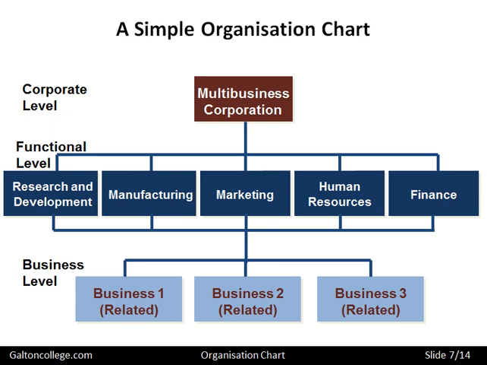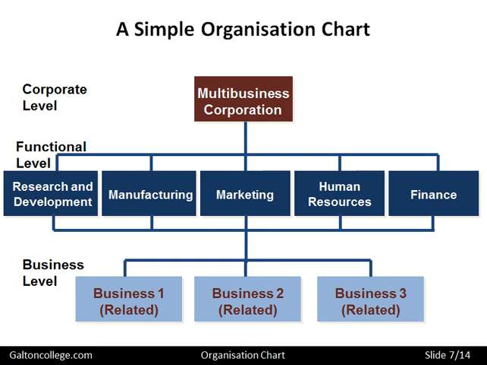And so on for marketing. They're able to use their market expertise for 3 businesses as opposed to 1, which means they have a greater depth of analysis and data and contacts and understanding of market requirements. So for 3 businesses it's better than 1. Same for human resources and for finance.